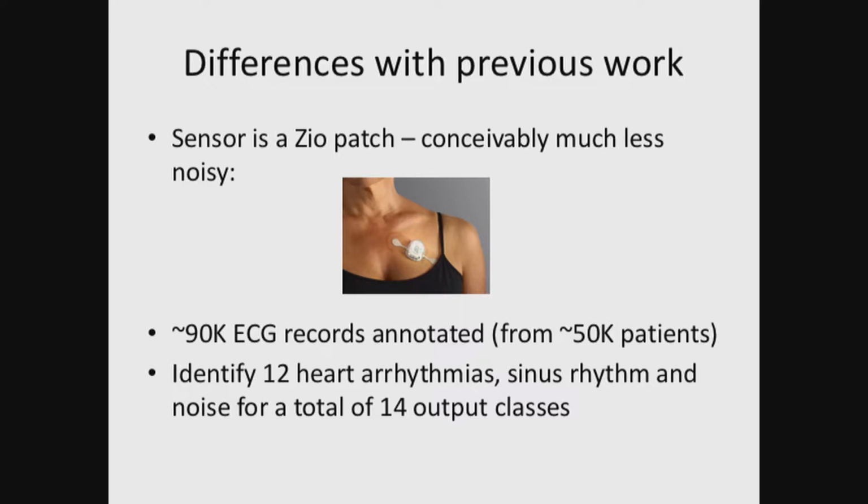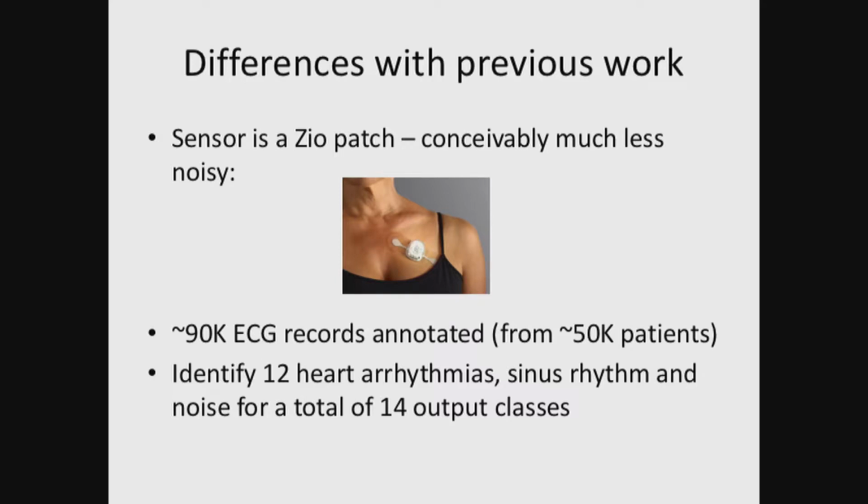The second big difference is that there's dramatically more data. Instead of 8,000 patients to train from, now they have over 90,000 records from 50,000 different patients to train from. The third major difference is that now, rather than just trying to classify into 4 categories, normal, abnormal, other, or noisy, now we're going to try to classify into 14 different categories.